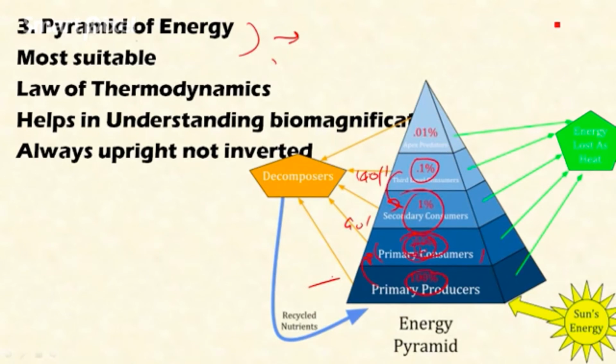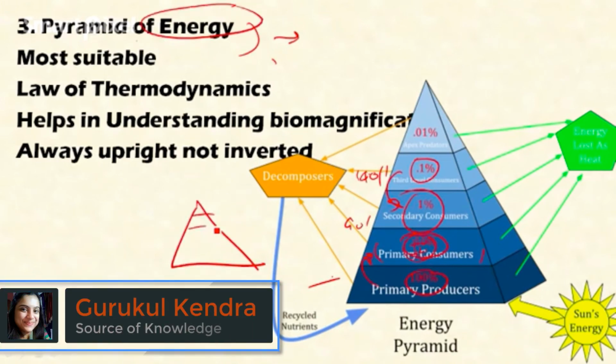So because of this mechanism, this pyramid is always upright, not inverted. Please note this. This is very important from the examination point of view. The pyramid of energy is always in an upright position, not in an inverted position.